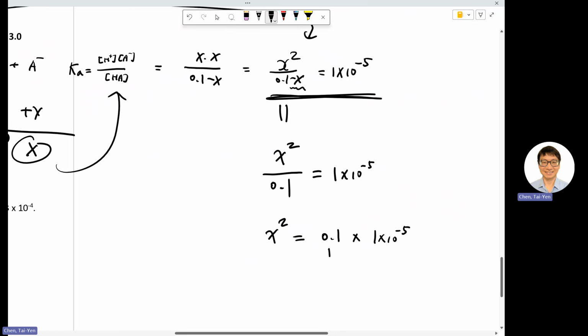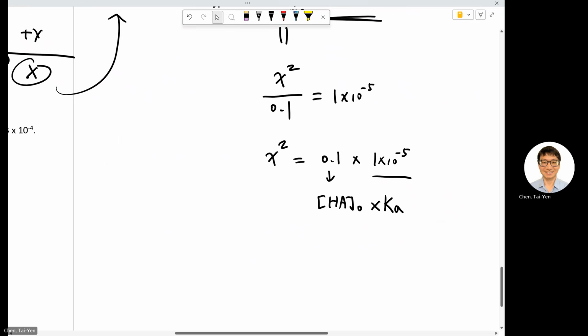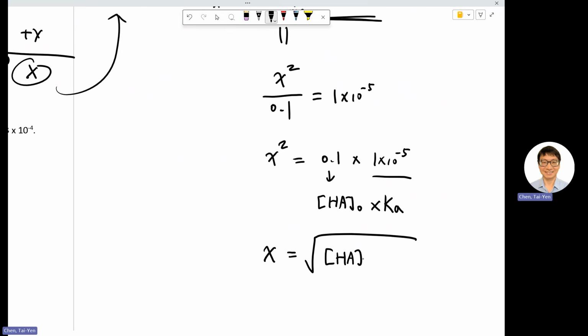Here, I want to emphasize this 0.1 is actually the initial concentration of your weak acid, right? 1 times 10 to the negative 5 is actually your equilibrium constant of the acid, Ka. Okay. Therefore, you know your x is actually going to equal the square root of HA initial times Ka.